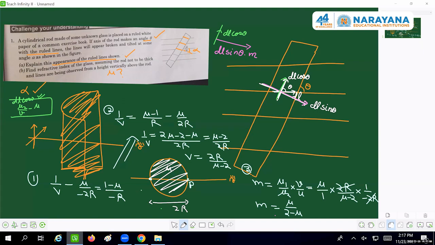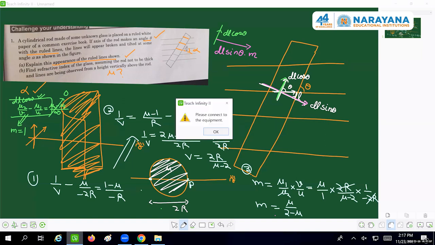I'm just choosing the result minus this, and the RHS term here is mu2 minus mu1 upon infinity, which is coming out to be 0. So you can observe that mu2 upon v equals mu1 upon u, and that basically tells me that m in this case will be equal to 1. That's why I said that if I have to consider this length dl cos theta, its magnified length will remain the same as dl cos theta.